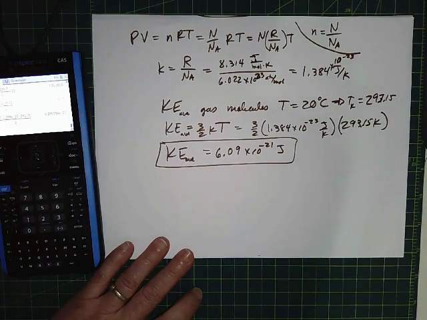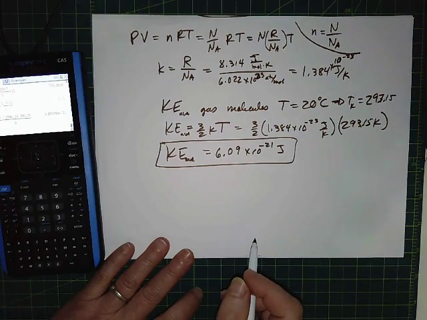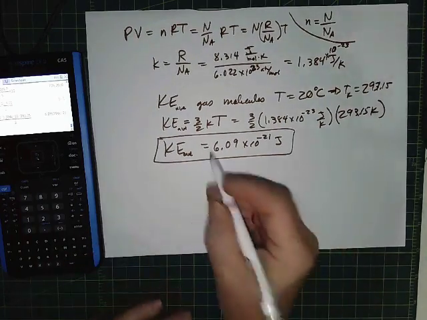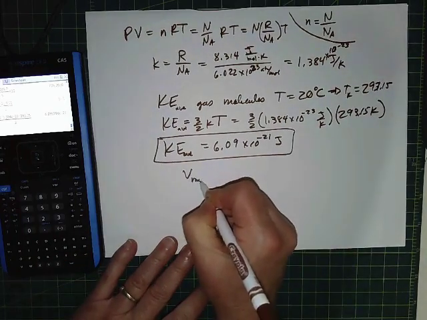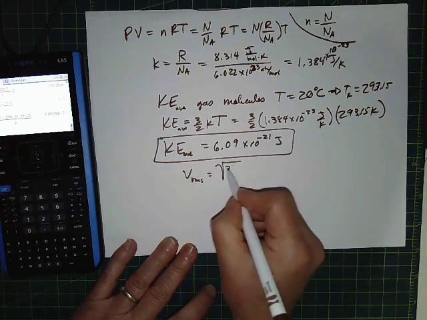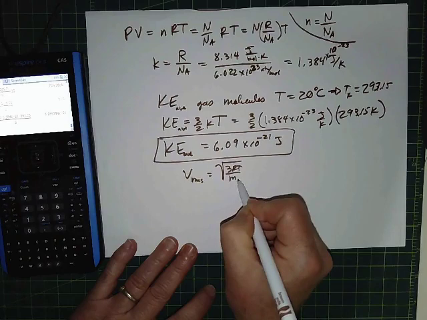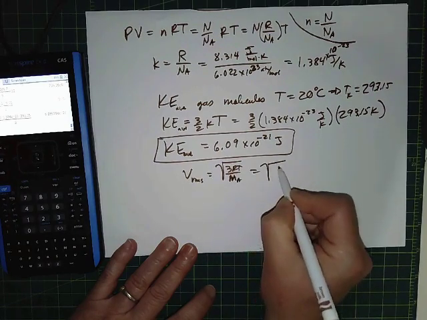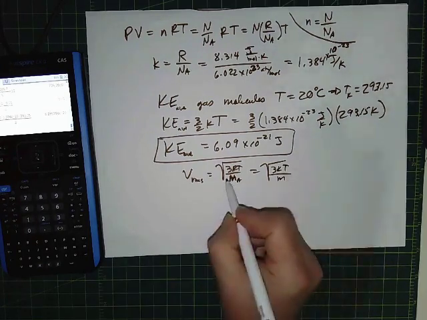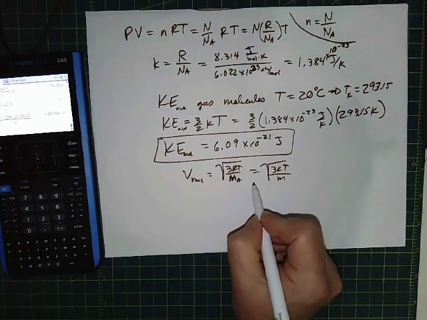Alright, and then we also want to look at some speeds. Remember the speed, vRMS, we had two formulas. We got either the square root of 3RT over MA or the square root of 3kT over m, but these both depend on the mass.